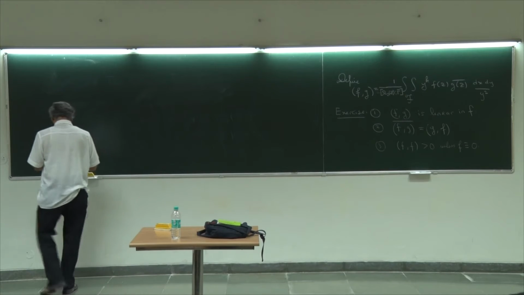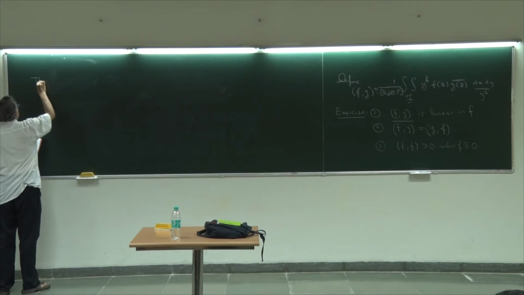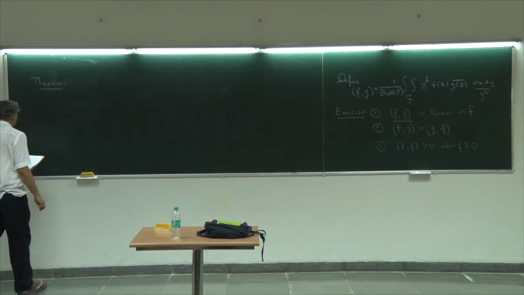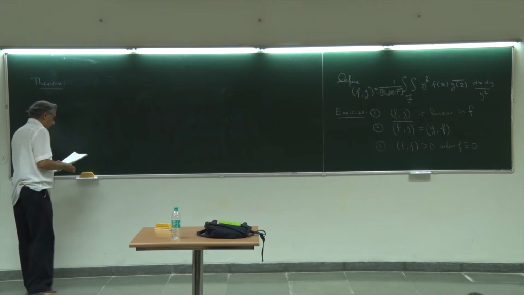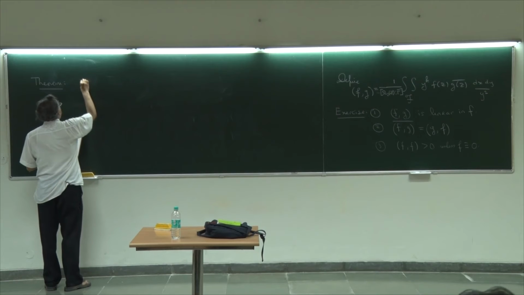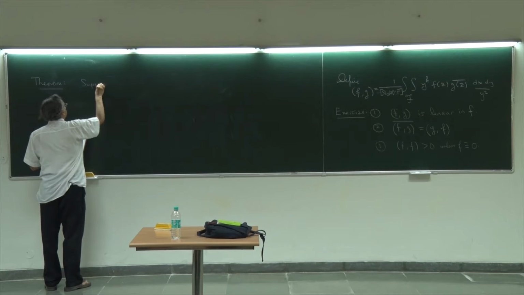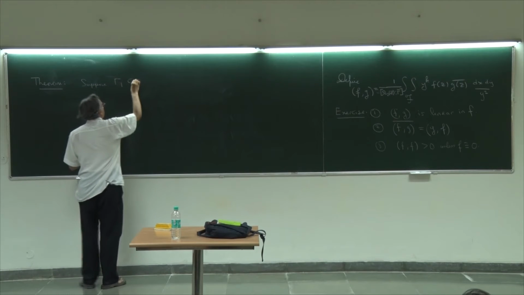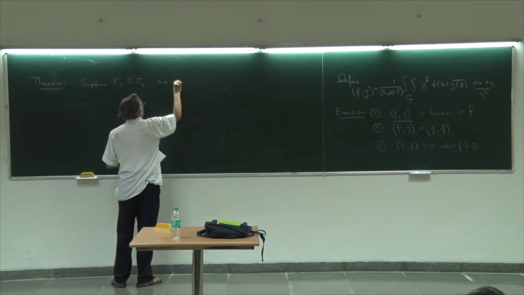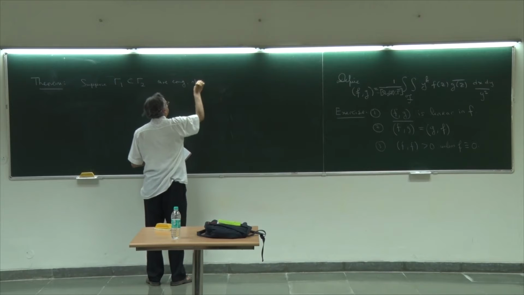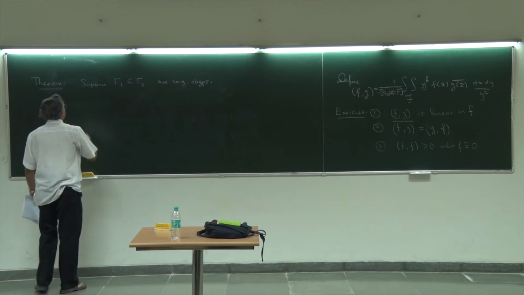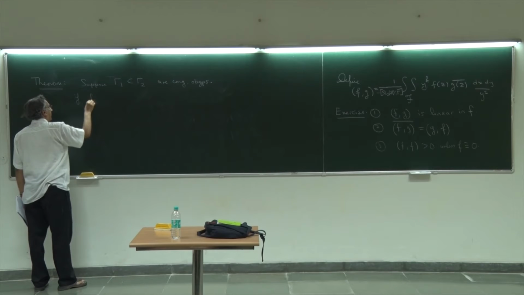So let me just make one small theorem, though, which is going to be important for us to understand. Suppose that gamma 1 is contained in gamma 2, which are congruence subgroups.